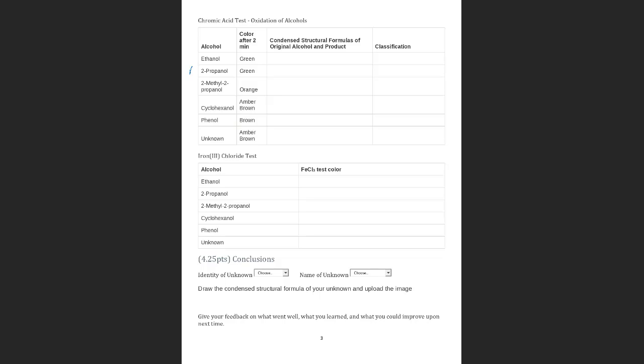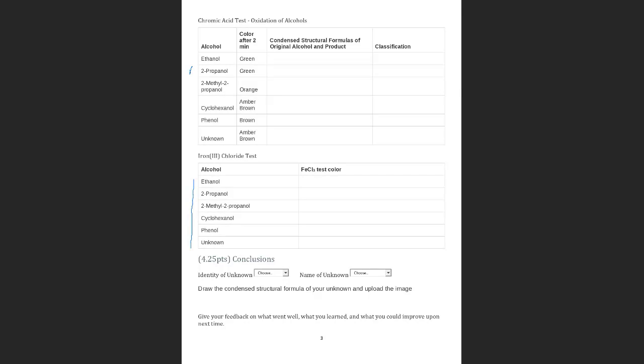Very good. The next test that you are going to perform is the iron chloride test. What did we say? We said that this reaction is just to identify phenols. You are going to test the same six alcohols and find the color from the sample data.